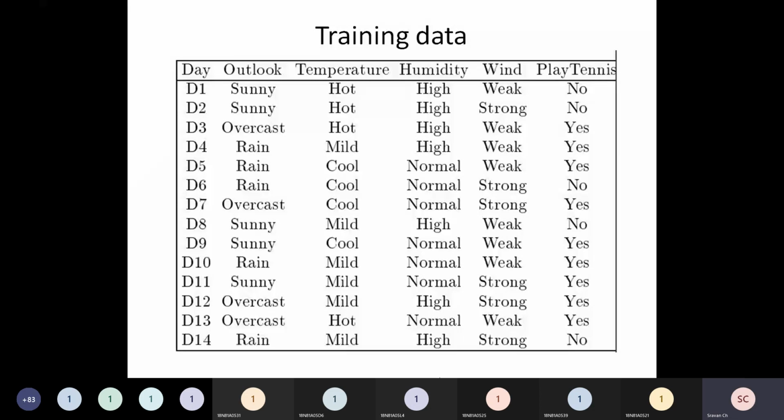These numbers are very, very important, my dear friends. In these 14 records, there are 9 positive examples. Positive examples means the output is yes. If you count, we have 1, 2, 3, 4, 5, 6, 7, 8, 9. We have 9 positive examples.